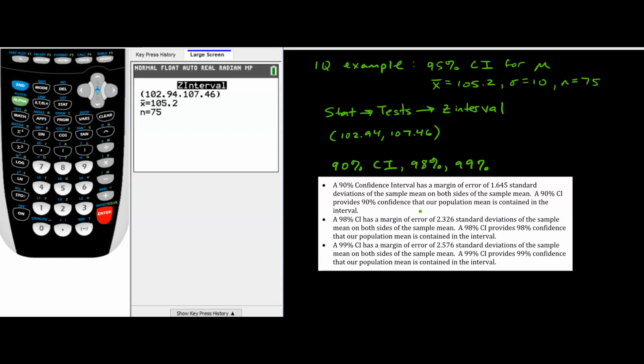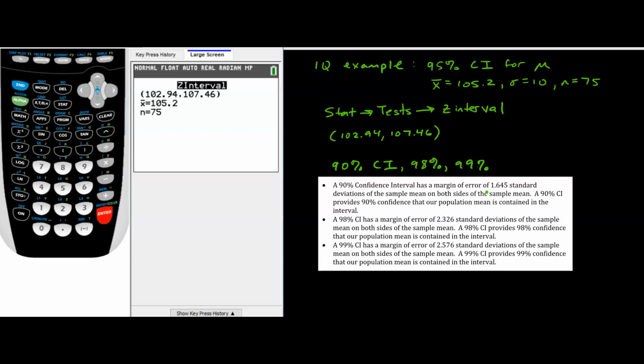And so I'm going to show you what the formula is right now, but again, the formulas are going to be built into the calculator, so you're not going to have to worry about that. So here this says a 90% confidence interval has a margin of error of 1.645 standard deviations of the sample mean on both sides of the sample mean. So that basically supports the fact in the theory that 90% of your data in a normal distribution is within 1.645 standard deviations of the mean.